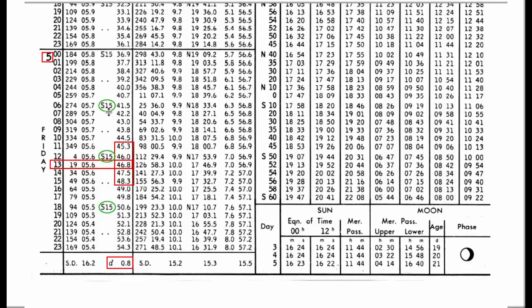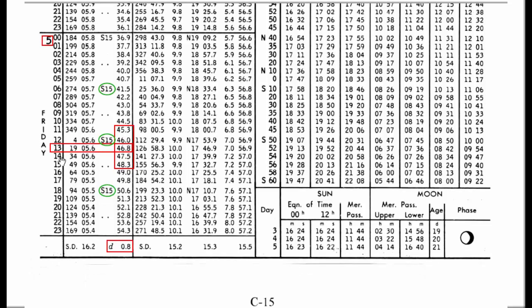But this south 15 degrees applies to every line, even though it only is printed on every 6th line. And our whole hour of 13 is shown here. And next to that, we see the GHA of 19 degrees 05.6 and the declination of south 15, 46.8.